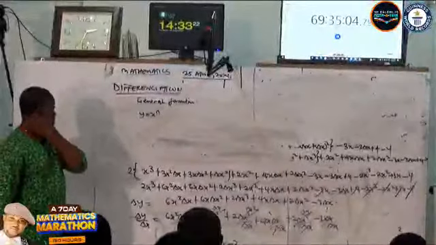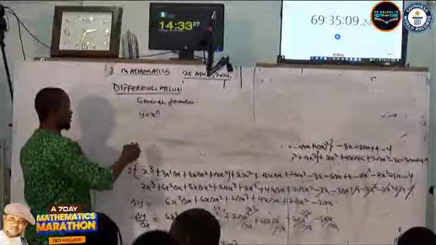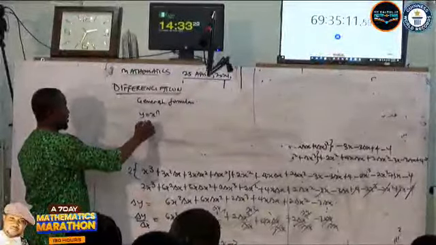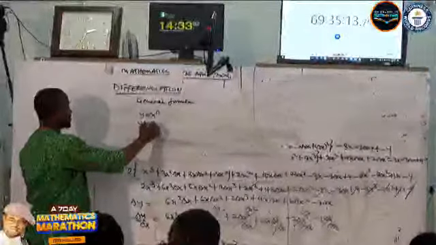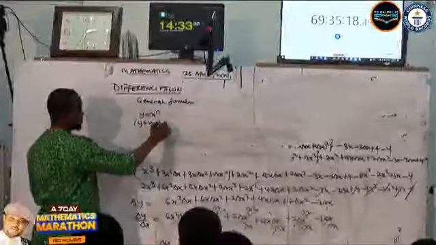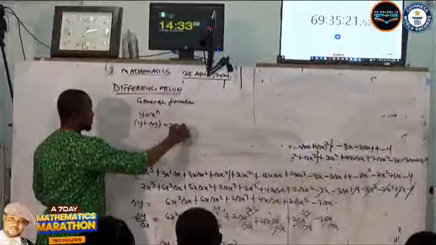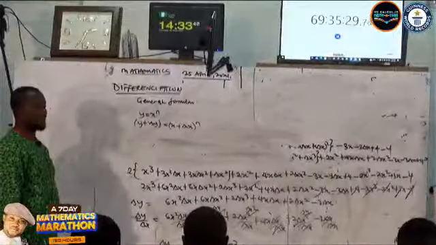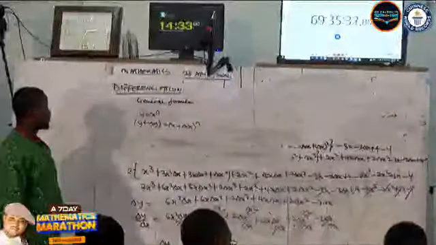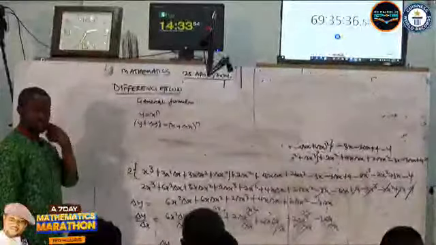So what we now do is that, you know that if you have y plus smaller increment in y equals x plus smaller increment in x to the power of n, from the general formula. That's the general formula for binomial expansion. What does the formula state for binomial expansion?